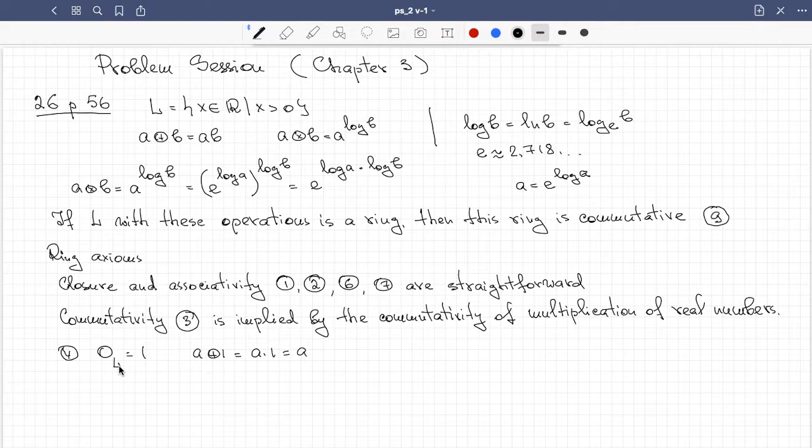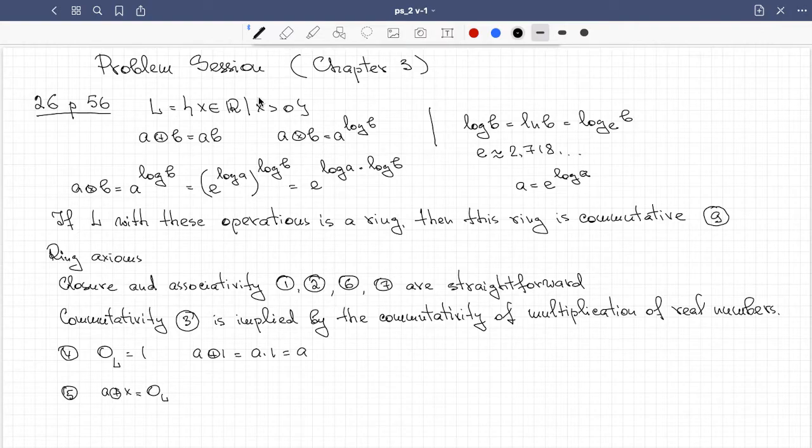Now we have to convince ourselves that linear equations are solvable. This is going to be axiom 5. We want to solve the linear equation a plus x equals 0. So this equation should have a solution, element negative a, and this is plus in circle, for every a in L in our set.